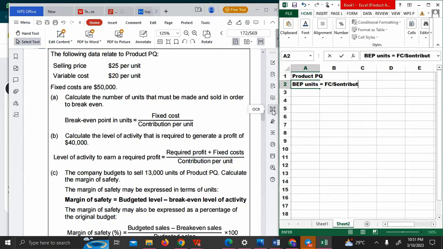And don't forget to always find contribution per unit first. So we have to get contribution. It is equal to 25 minus 20. What's 25? 25 is the selling price. Selling price minus variable cost. Exactly. So we have 5.